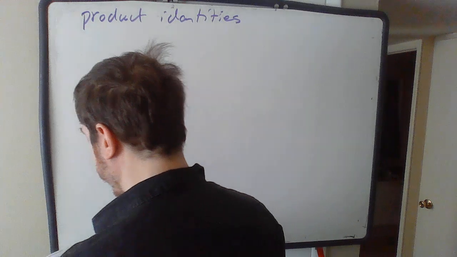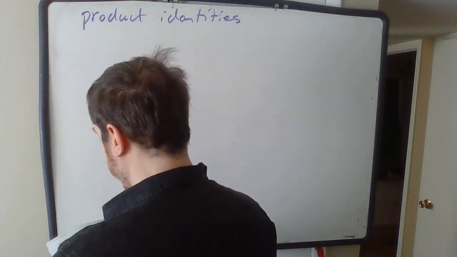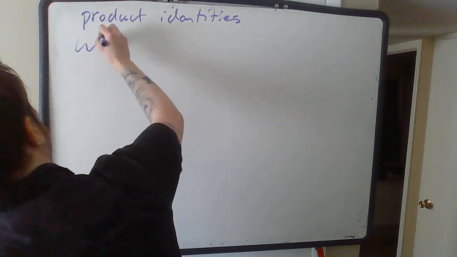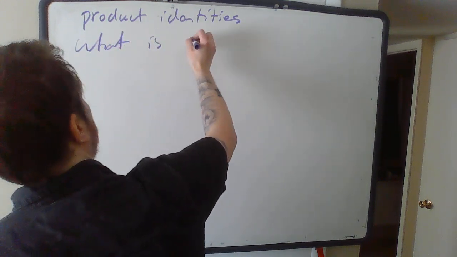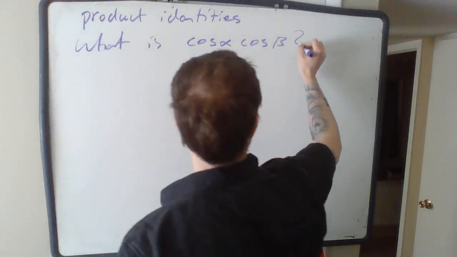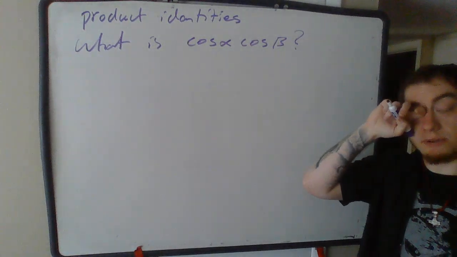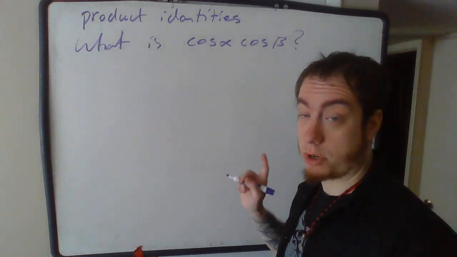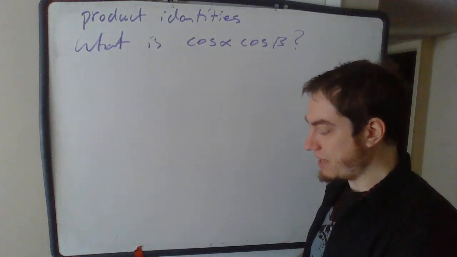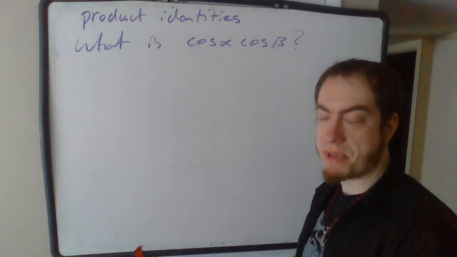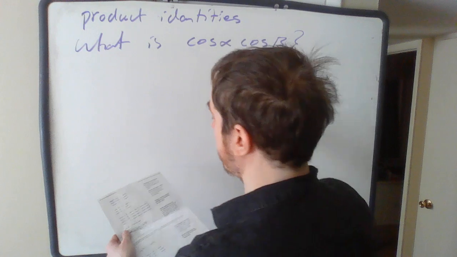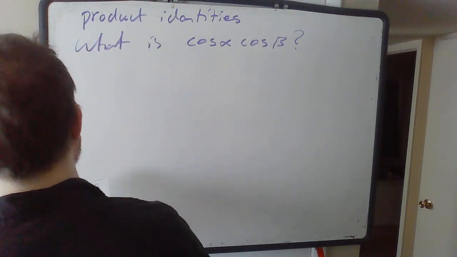So the idea behind getting this product identity is, let's suppose that I want to know what is cosine alpha times cosine beta. Here's the idea that I'm going to use to work this out. I'm going to go back and take a look at the list of the sum and difference identities. And I see that cosine alpha cosine beta happens to show up in two of them.